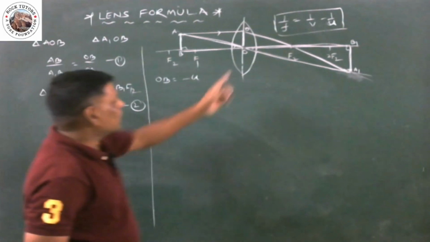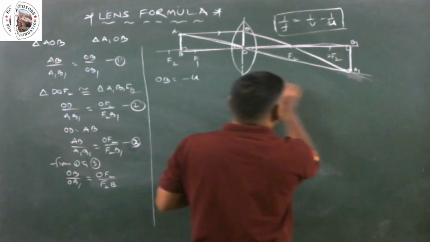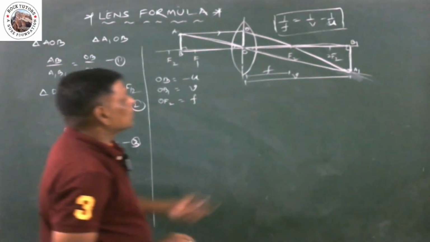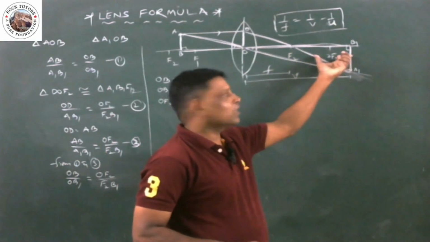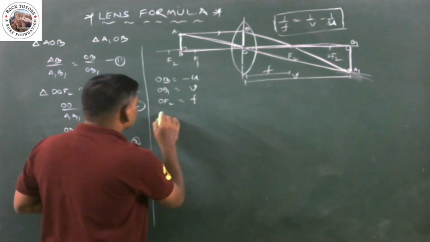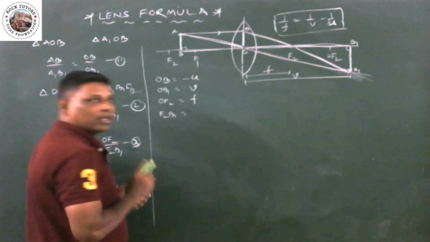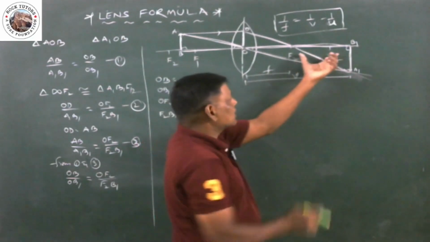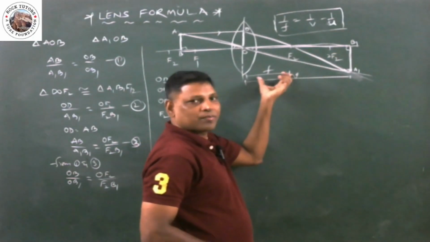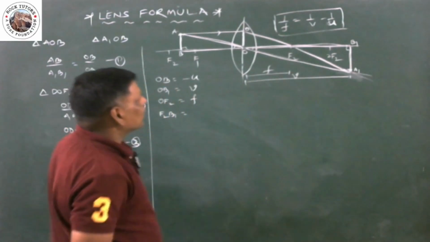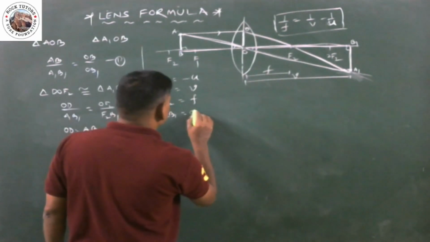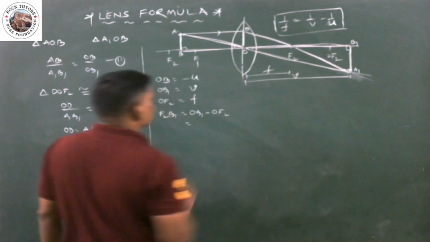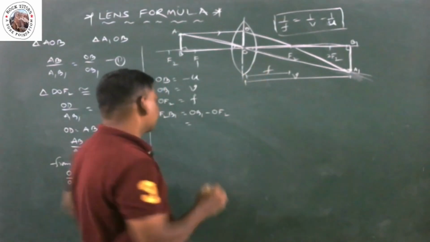OB1, from here to here, is v. F2B1 is equal to OB1 minus OF2, which is v minus f.